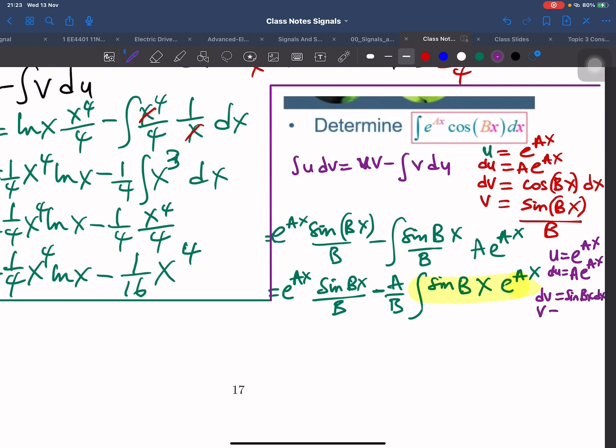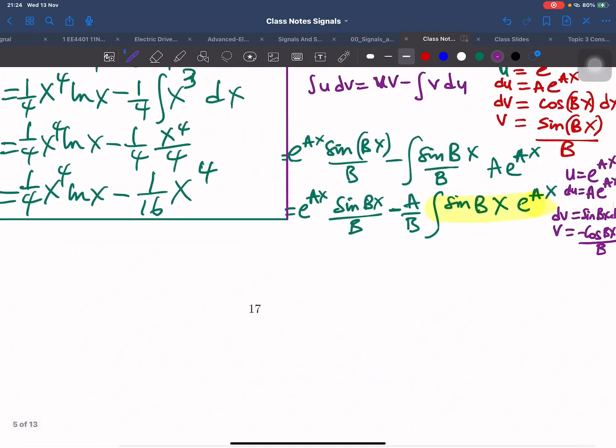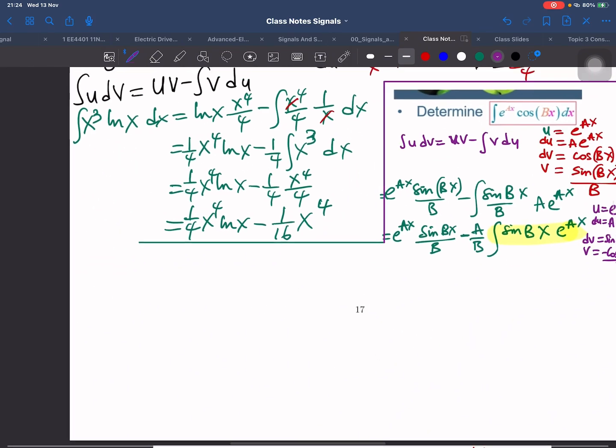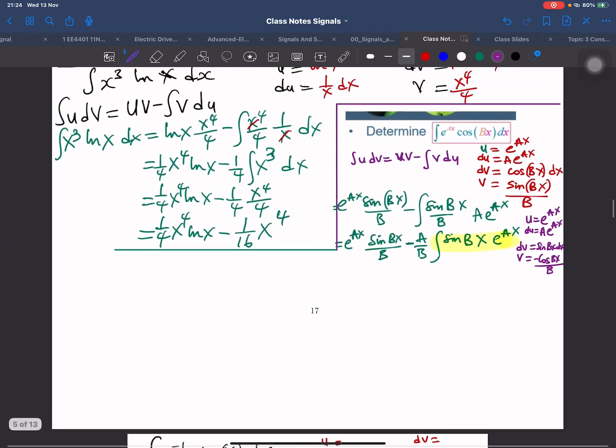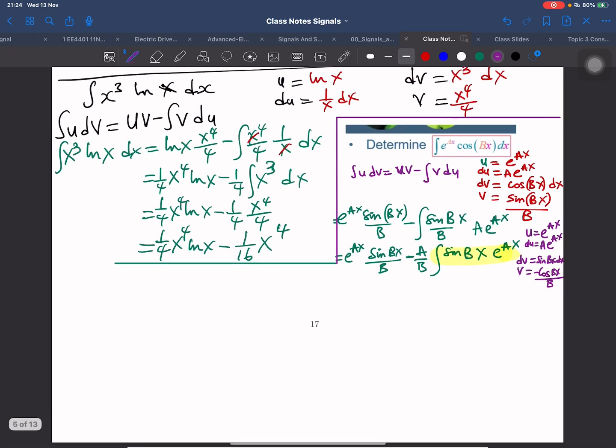Then v is equals to the integral of sine, which is minus cos bx over b. So now we have to continue with the solution of the problem.